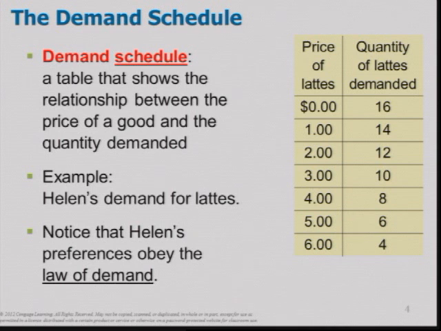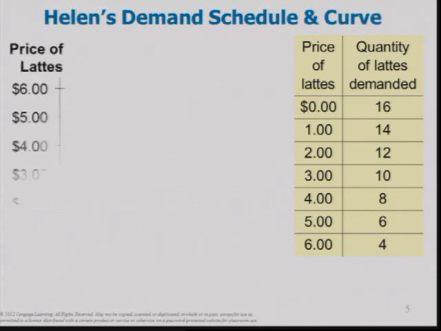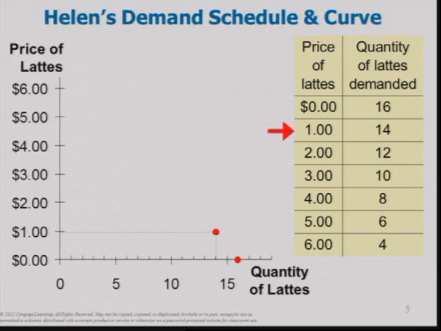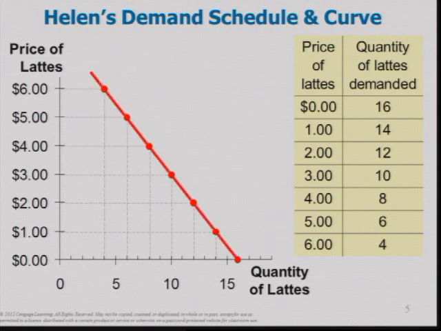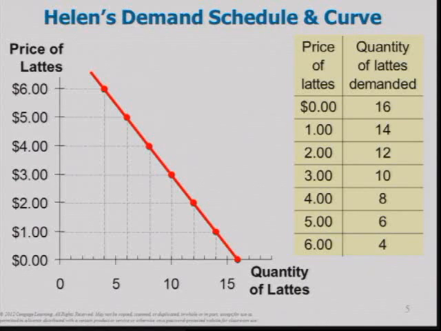Now we use our data from the demand schedule to plot all of these points for the demand curve. And if you connect all the dots, we call it a curve, and when you use real data in real life, it may have kind of a curved shape like that.